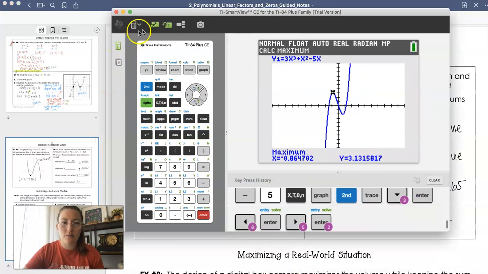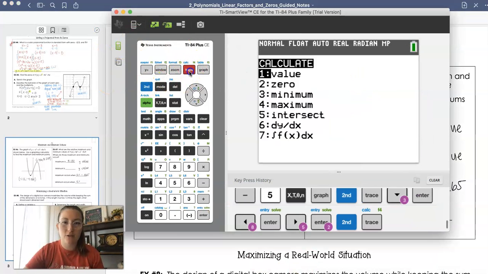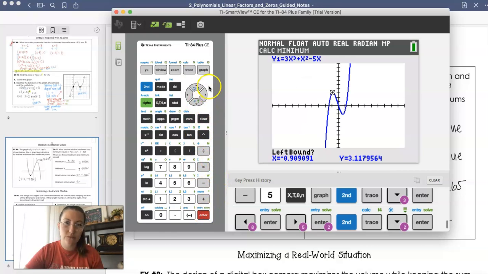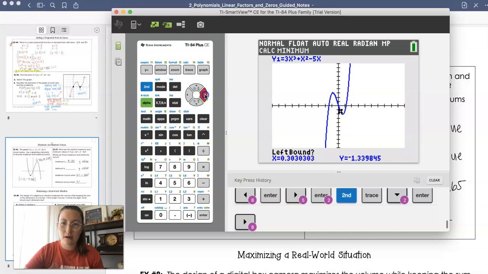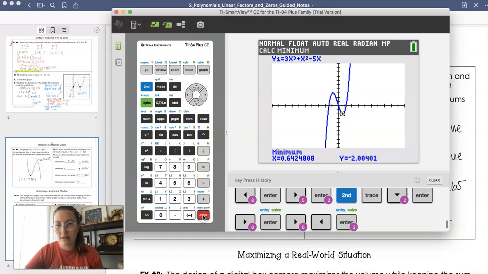All right, now we're going to do the min. So again, we go second trace. Now we want that minimum. Okay, are we to the left of the minimum? So right here would be on the left side of the min. Go to the right of the min and press enter.